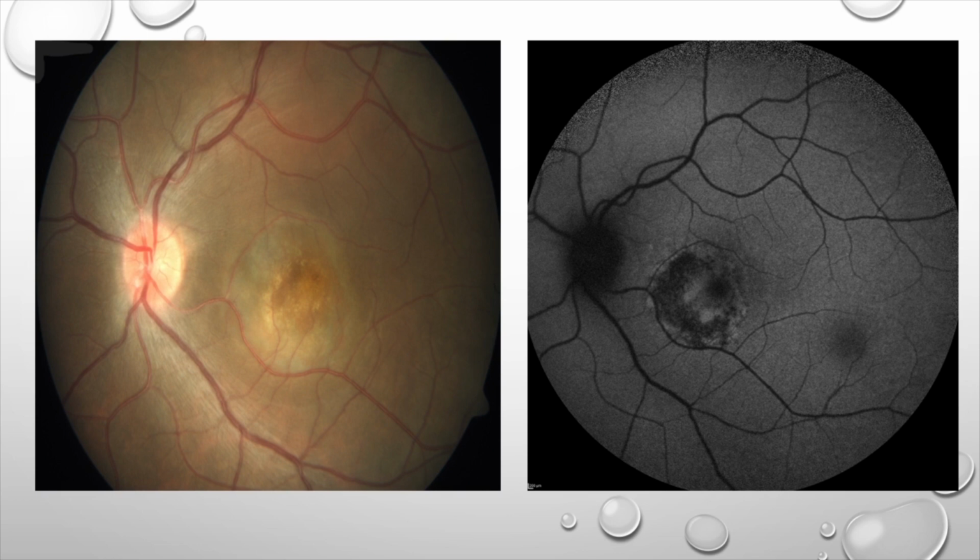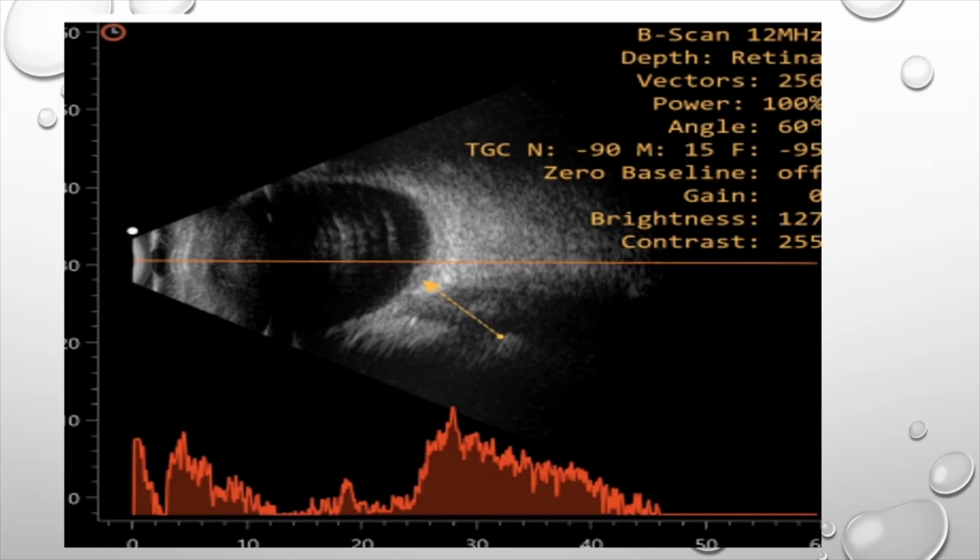Please proceed. Coming to the corresponding autofluorescence picture, there's a confluent autofluorescence, predominantly hyperautofluorescence surrounded by a rim of hyperautofluorescence. Coming to the B scan, the B scan shows a subtle retinochoroidal elevation, the dimensions of which could not be measured because it was too small a lesion to be measured on a B scan.